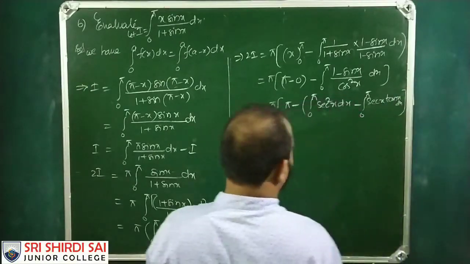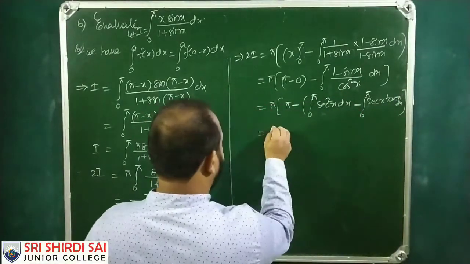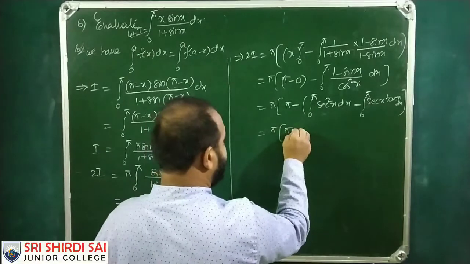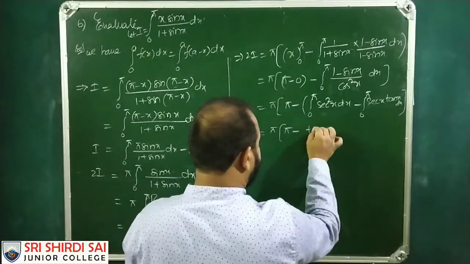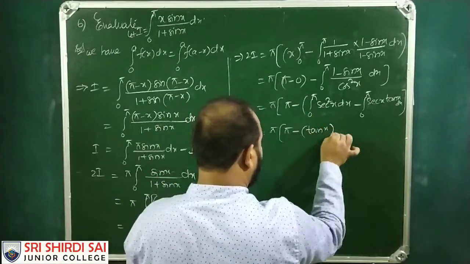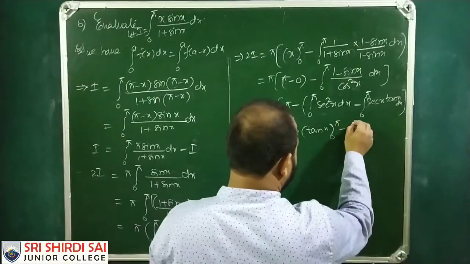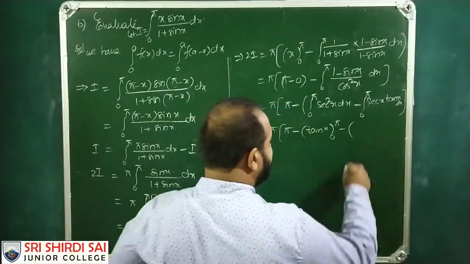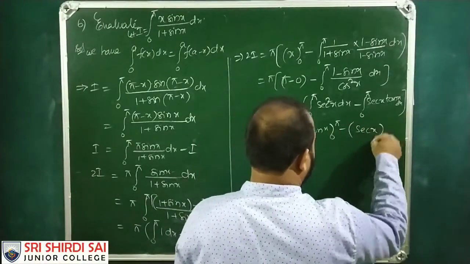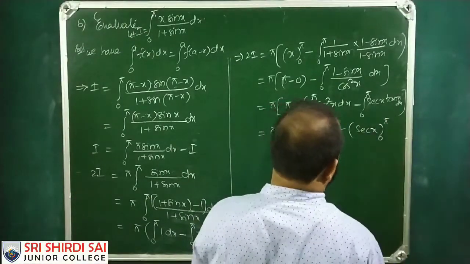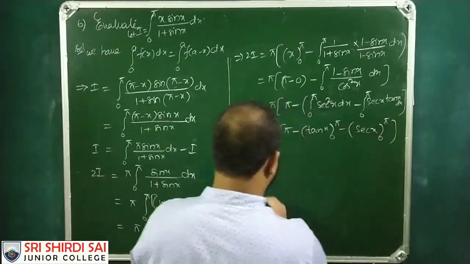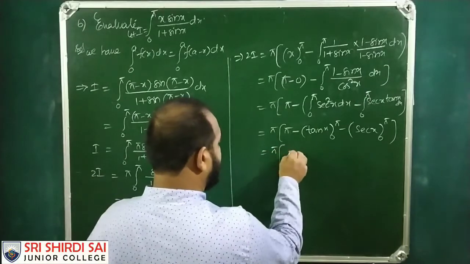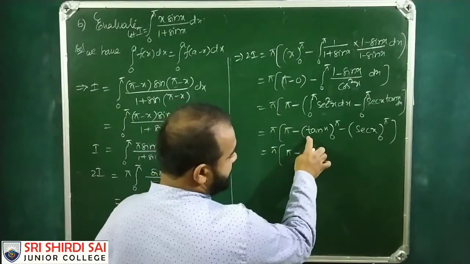So this is over. So pi into pi minus integral secant square x is tan x from 0 to pi, minus integral secant x tan x is secant x from 0 to pi. This is over. So pi into, this is pi, tan pi is 0, tan 0 is 0.